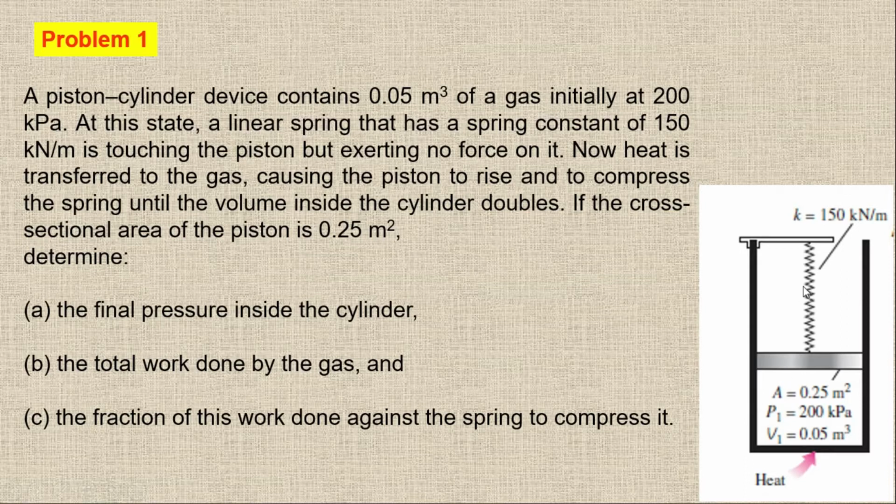But we have the spring installed here. So when this piston moves up, this spring will exert a force on it, and you will get an extra pressure on this piston. So this is not a constant pressure process.